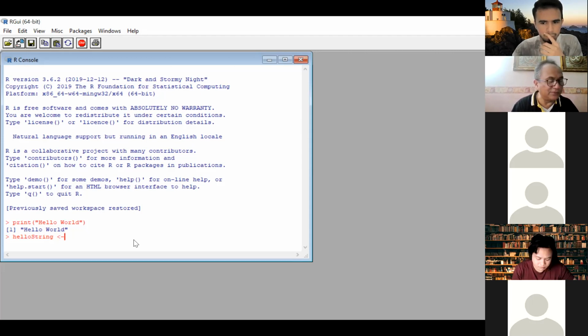This is the variable name, hello string, and the content of the hello string is hello world. Say we can change it to hello PBS. So hello PBS is the content of hello string, and then you enter, and then you want to print hello string.